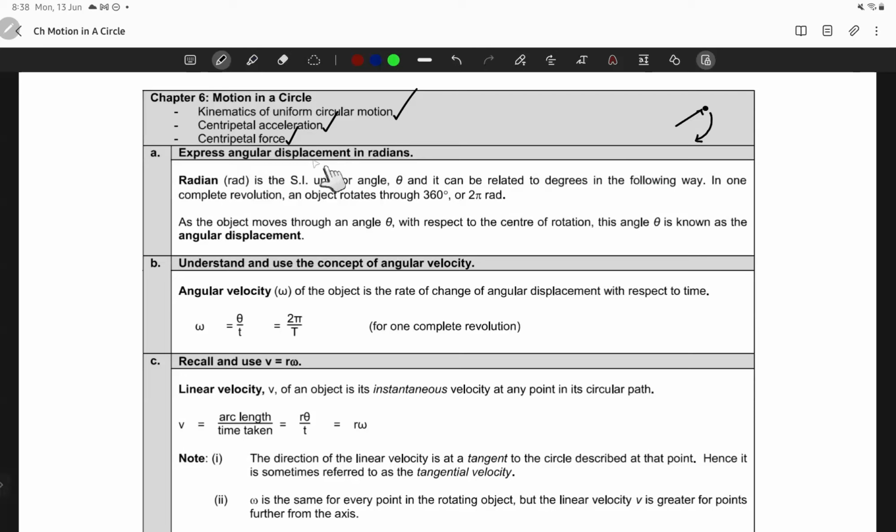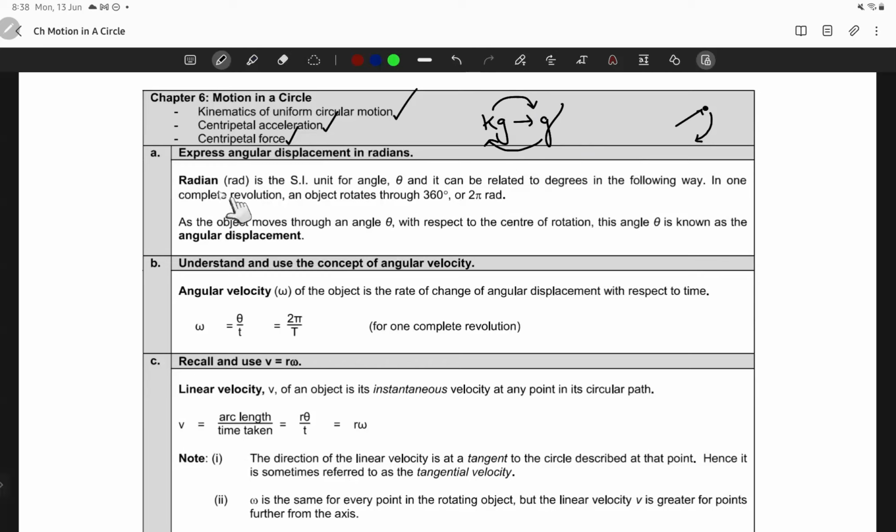And for angular displacement, the appropriate unit to represent angles is radians. Radians is just an SI unit for measuring angle. Suppose your angle is theta. For example, if you're using kilograms and grams, there is always a relation from going from kilograms to grams and from grams to kilograms.